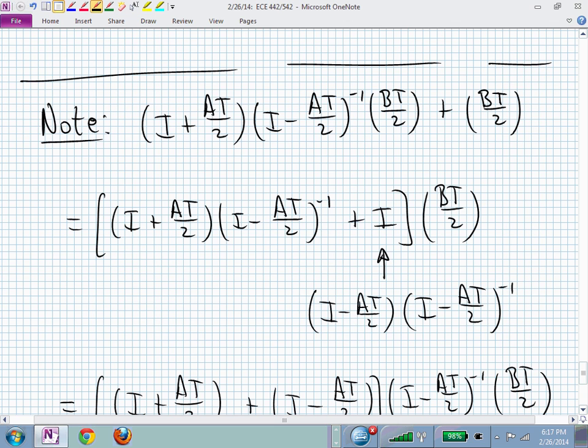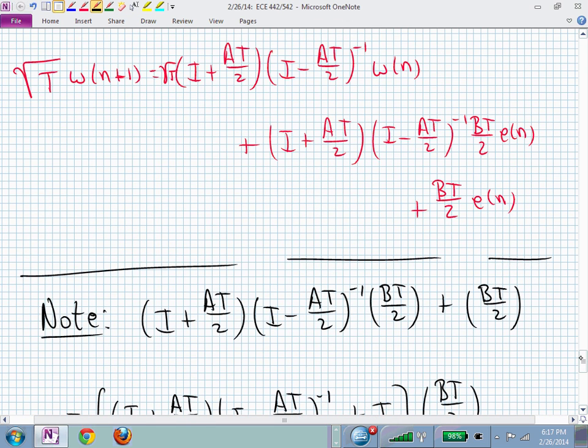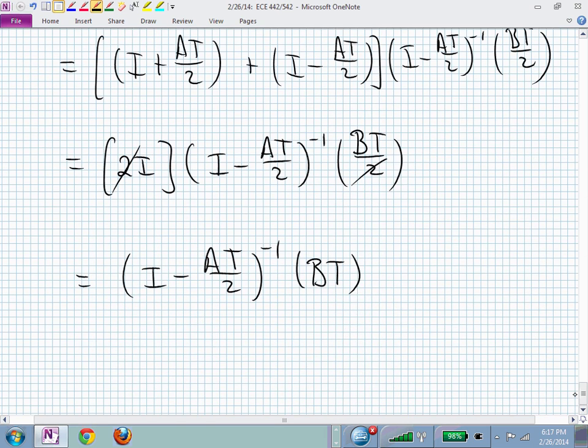So now the only thing scaling E of n in this state space representation is this result that we just derived: I minus AT over 2 inverse times BT. Is that okay?